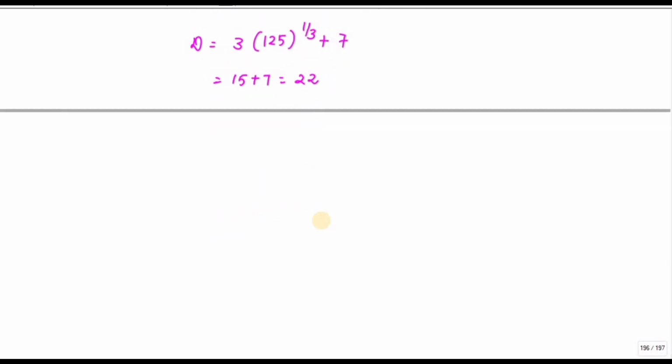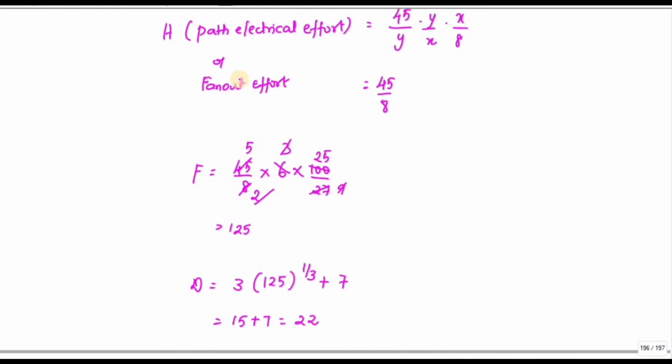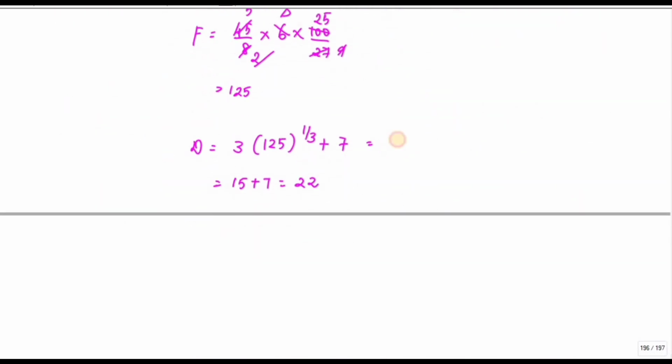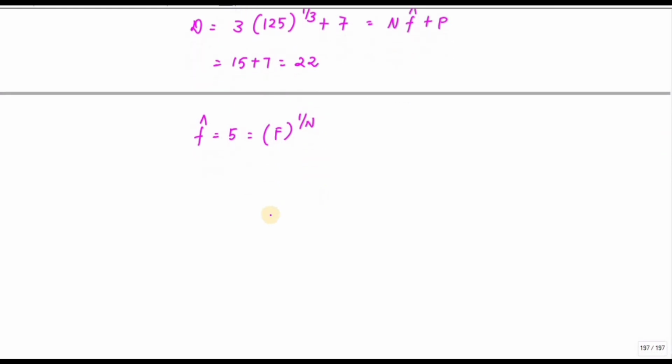Okay. So next is Y. I need to find the value of Y. Okay. So this formula I can also write it as N into F cap plus P. Okay. So what is F cap? F cap is nothing but 5. Okay. That is root of F power 1 by N. Okay.